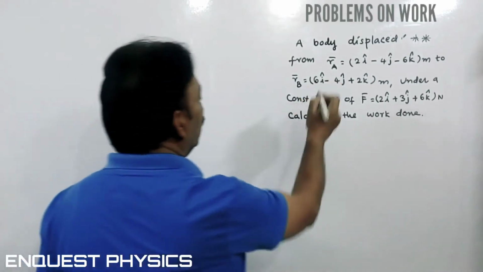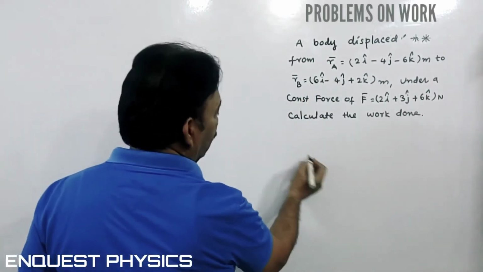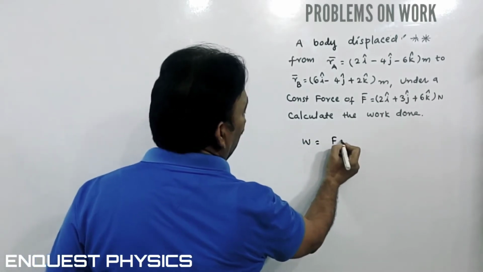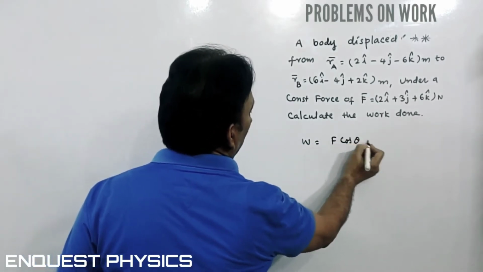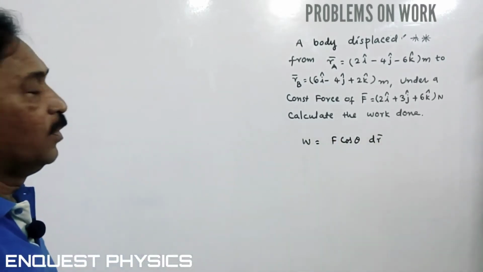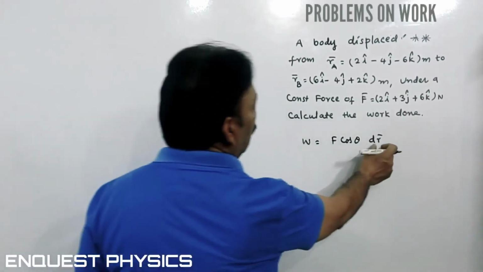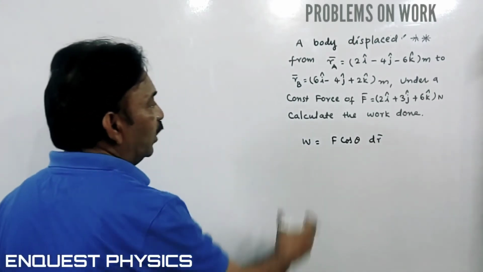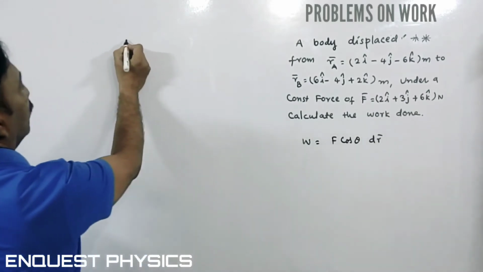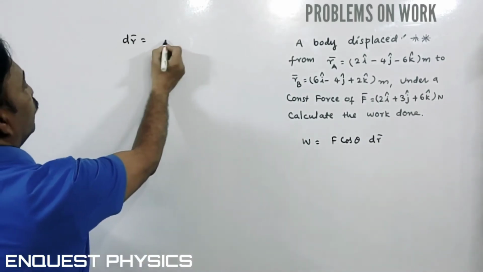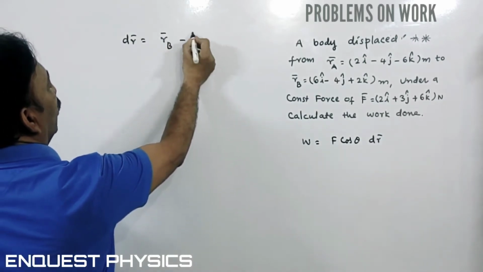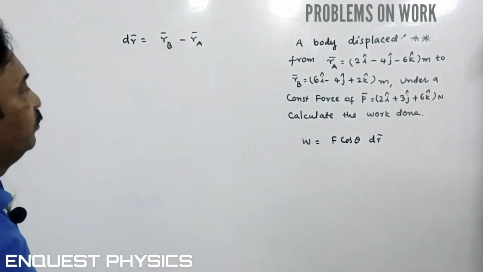Here we can write the relation as W is equal to F cos theta into dr. We have to find the difference between the two positions, so dr is equal to r_b bar minus r_a bar. It is the change in position of the vector.